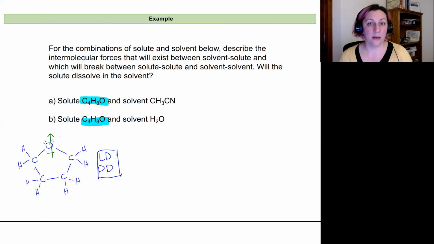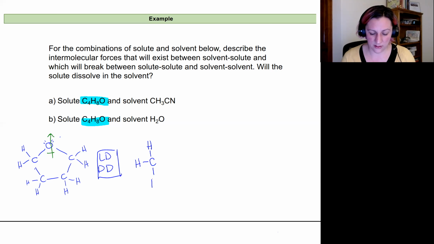Now let's consider our other two molecules. When I'm doing a comparison like this, I like to look at one and list its intermolecular forces as it would be for a pure compound before thinking about how things mix. So CH3CN, acetonitrile, is another really common solvent in chemistry labs, just like THF. This is a carbon bonded to 3 hydrogens, bonded to another carbon, triple bonded to a nitrogen with a lone pair.